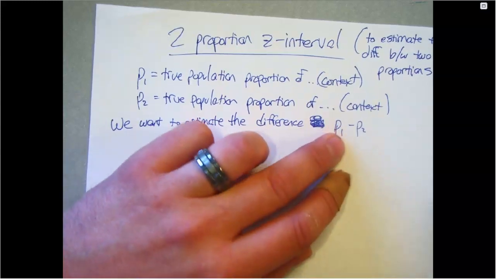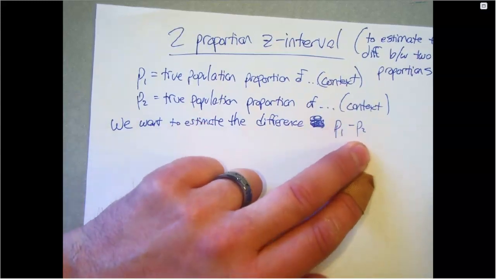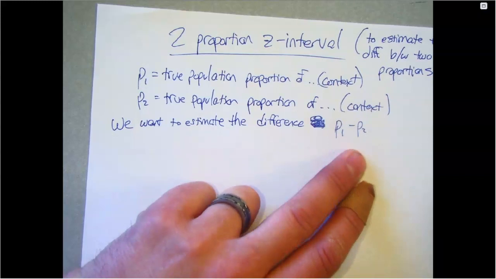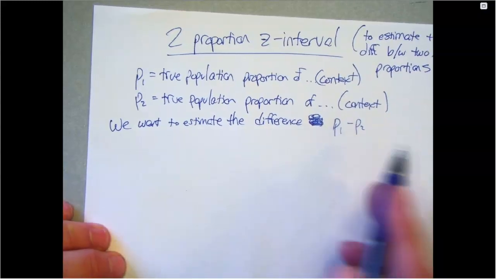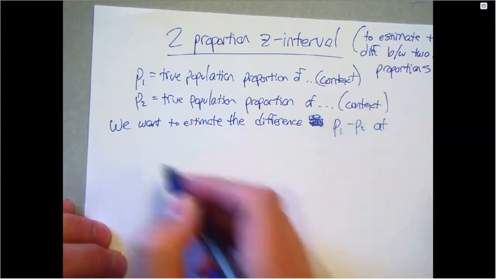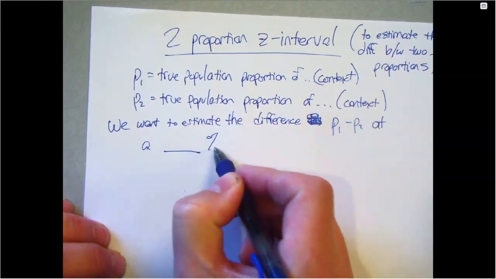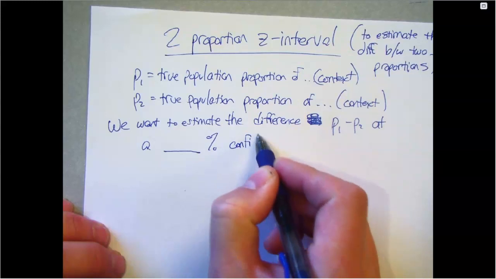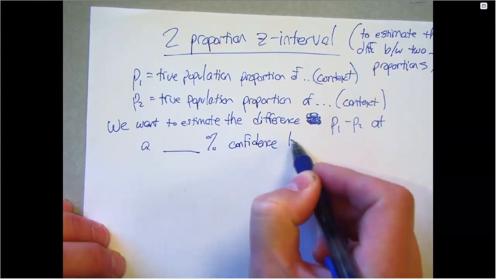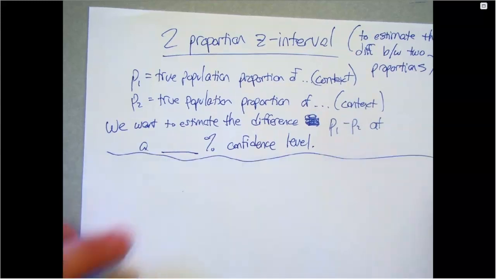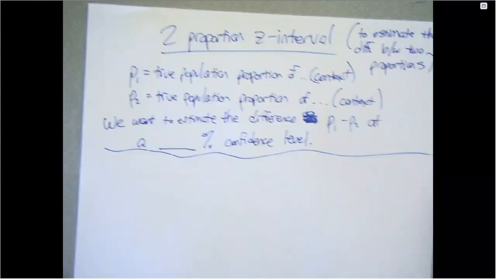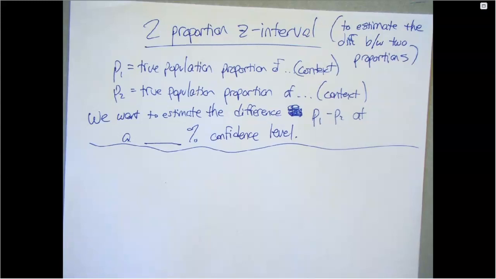It could be like PM for Michigan minus PO for Ohio. Whatever, but you just have to declare the order that you are doing. So we want to estimate the difference, P1 minus P2, at a whatever percent confidence level. So 95, 99, 90, whatever. Extremely similar to what we did last unit. The 1 proportion, we're just doing it for 2.